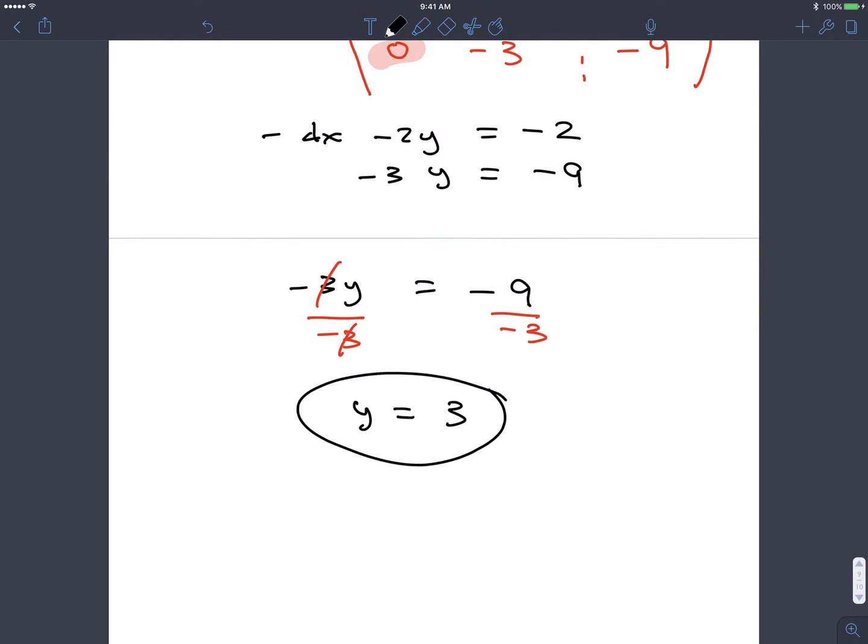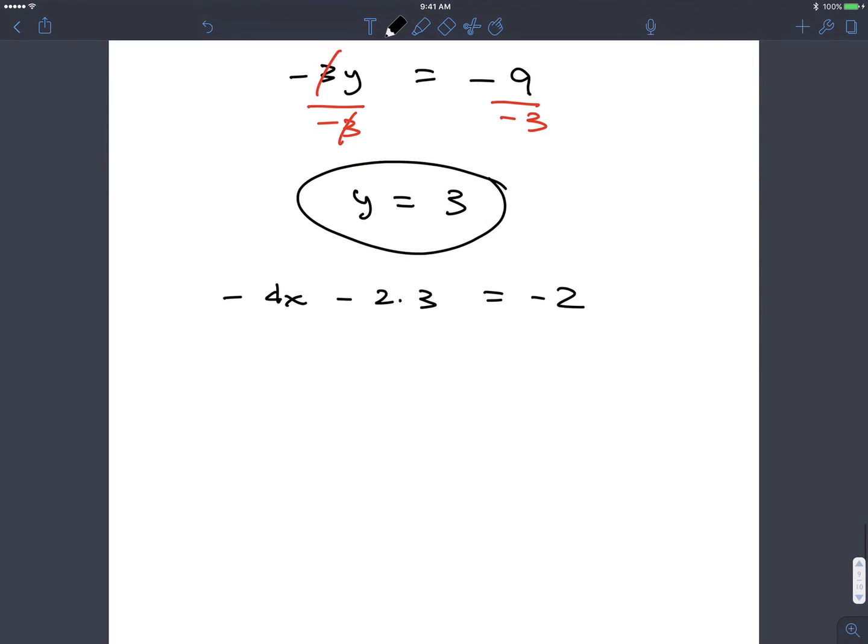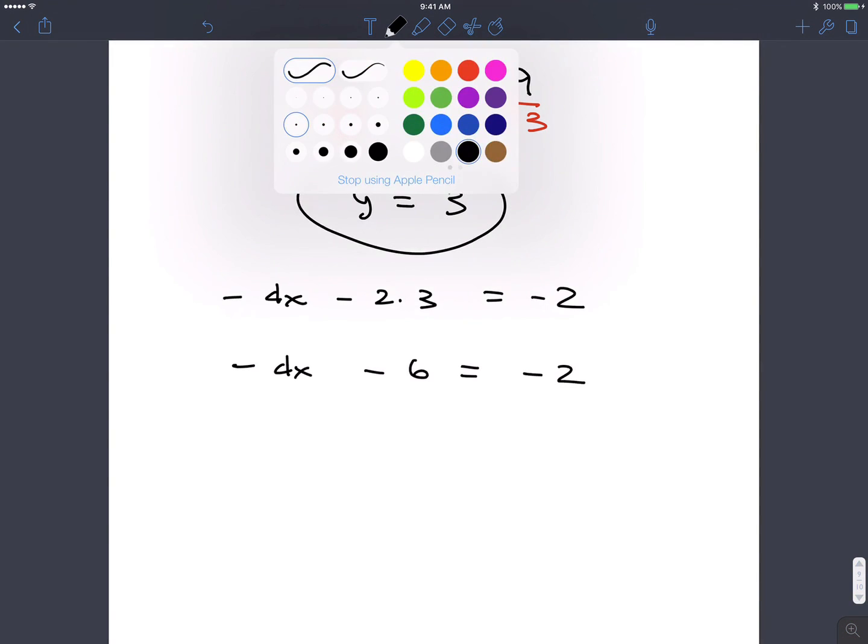So wherever there's a y, I can replace that with a 3. Here, here. Notice that first equation is negative 4x minus 2 times 3, and that'll equal negative 2. Negative 4x minus 6 is negative 2.